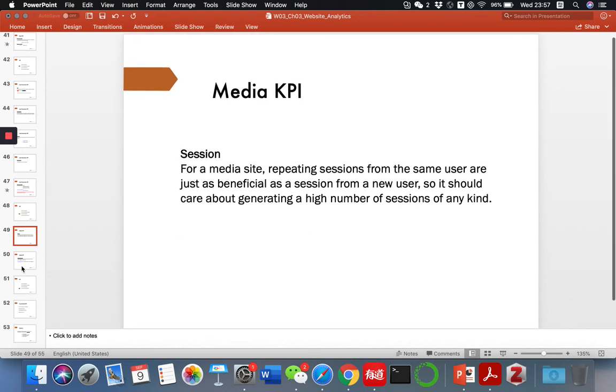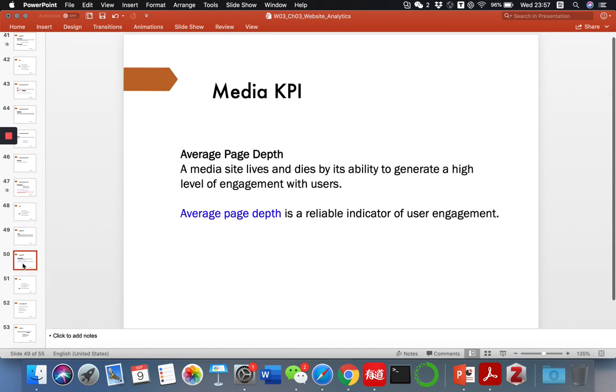So sessions matter. This metric matters to media websites.